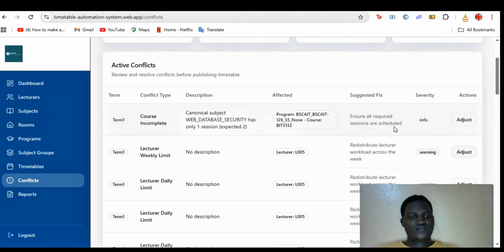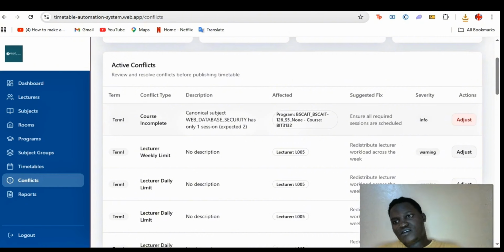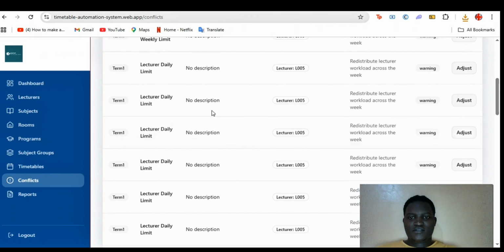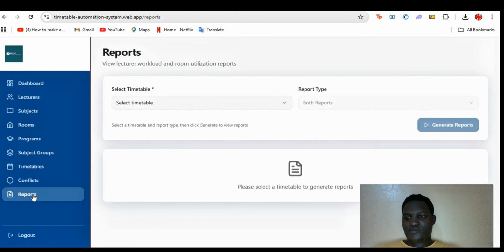So you can adjust this when you export in your Excel or your output, or you can just manually adjust it within the system and then regenerate a timetable. But yeah, so these are all conflicts, and then we have the report section, so you can get to know lecturers' workload or room workload.